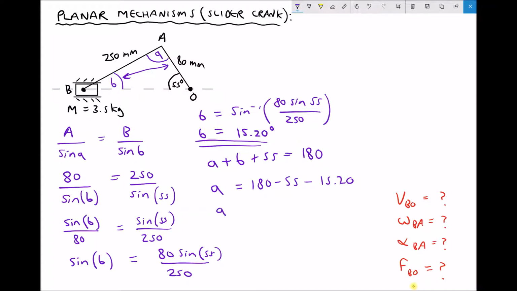Therefore, the unknown angle A equals 109.8 degrees. So I'm going to transfer those two angles to my geometry, and then we can start thinking about our linear velocity diagram.